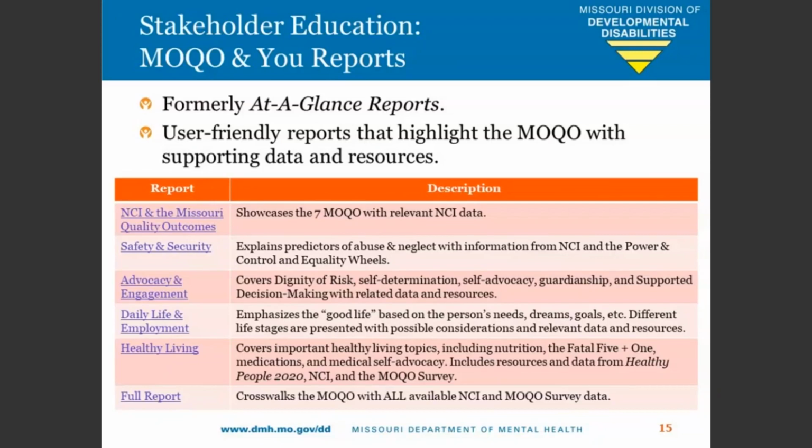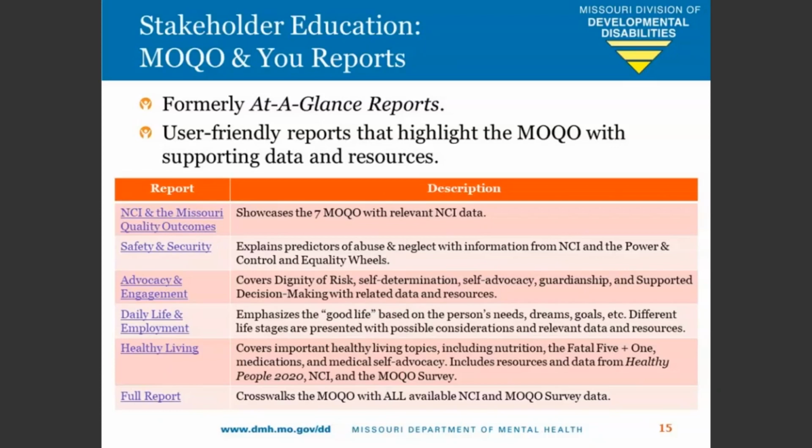These are user-friendly reports that highlight the measured quality outcomes, risk supporting data, and resources. To be completely honest, we all know that looking at data can be a little bit boring.